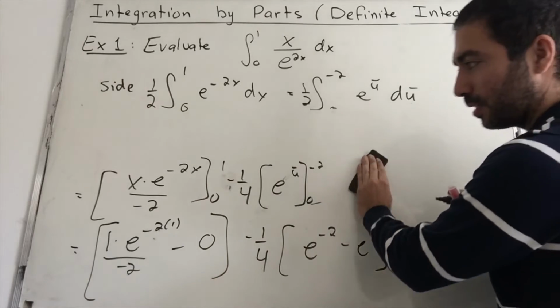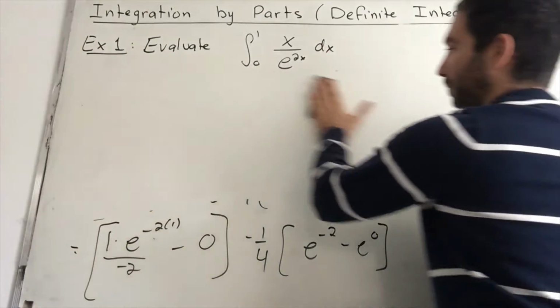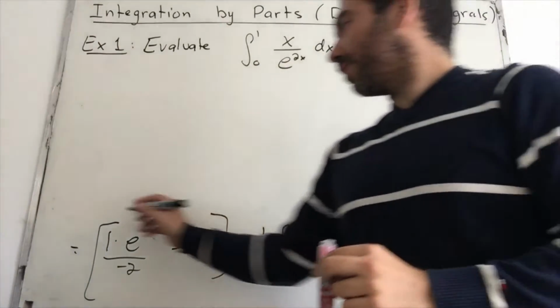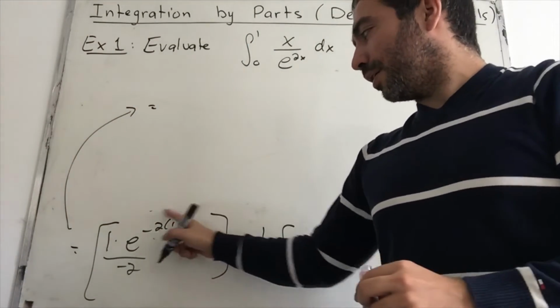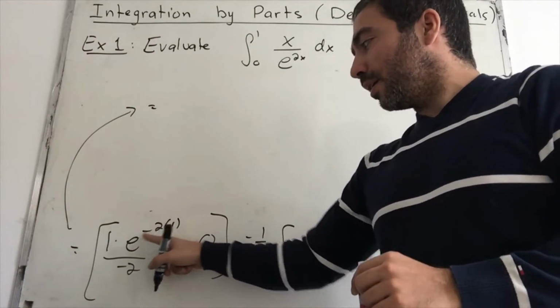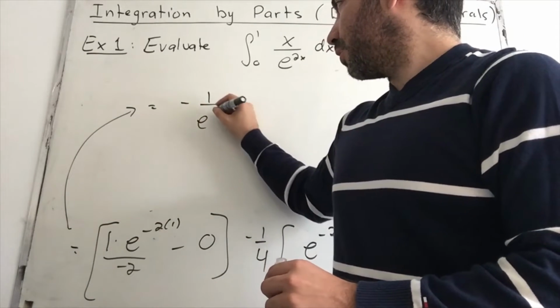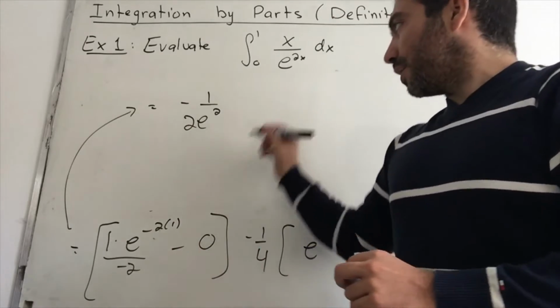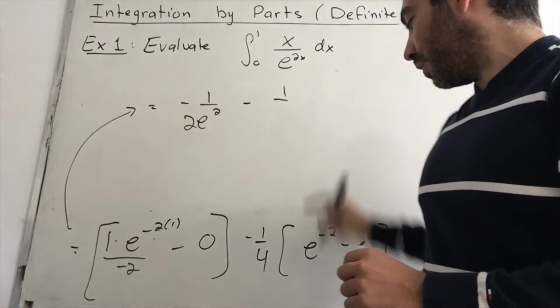Again, I have to erase to give myself some room. Let's continue up here. This leaves us with, over here, -2 in the exponent of the e. It's going to drop it down, giving us -1 over e squared, so with a 2. Minus 0, I won't write that. Here we get -1/4 e to the -2.